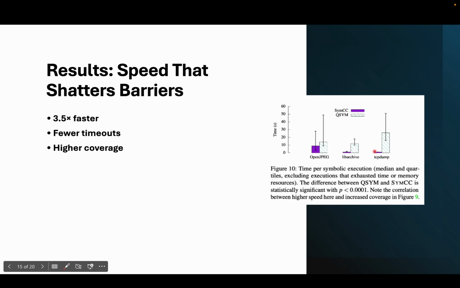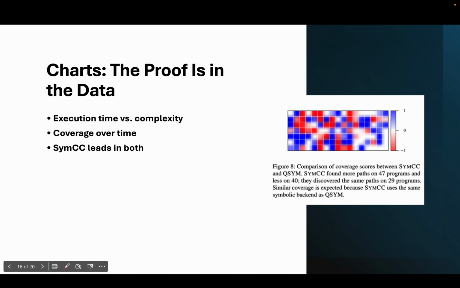On the other hand, tcpdump and libarchive benchmarks are more branch heavy and string or packet parsing oriented, causing interpretive executors to incur greater overhead. Hence, SymCC's compile time instrumentation yields a significantly larger performance gain for these targets.